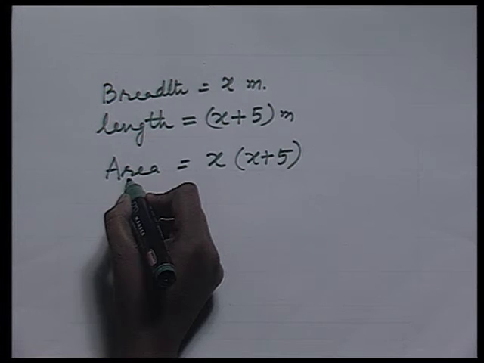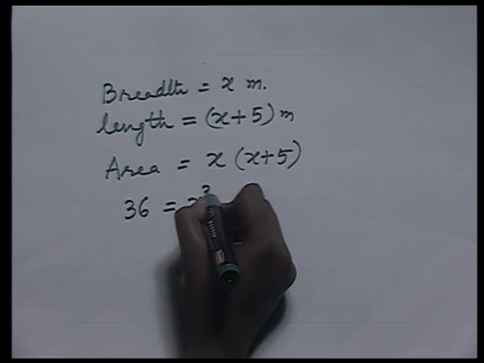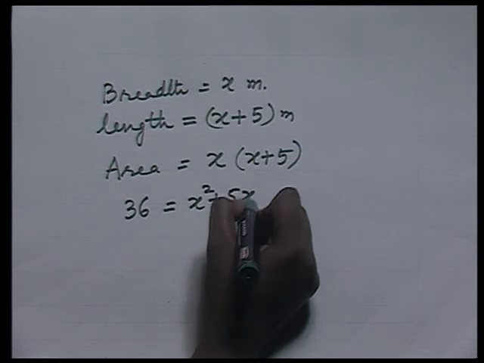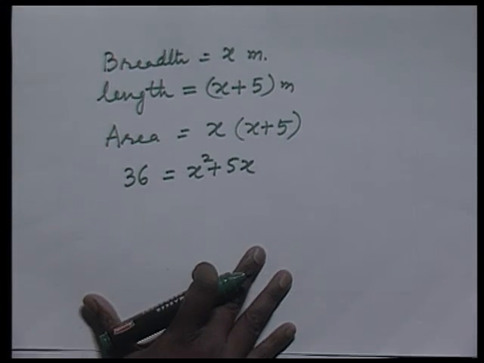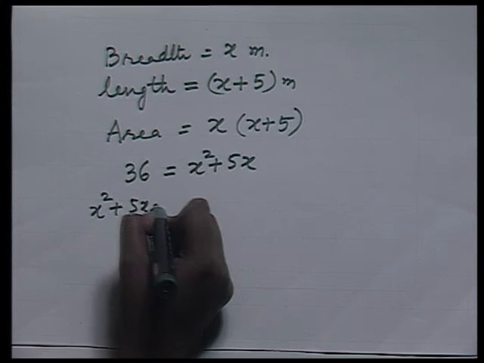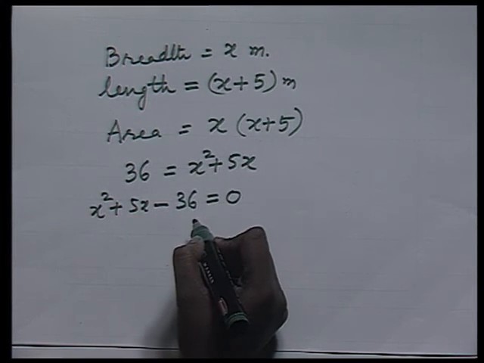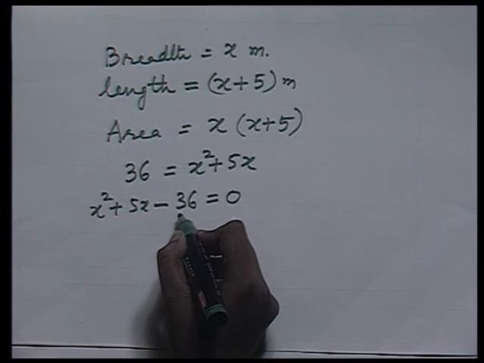But in the question, we are already given that area of the hall is 36 square meters. So, we can write here 36 is equal to x square plus 5x. In other words, our equation becomes x square plus 5x minus 36 equal to 0, which is of quadratic form.